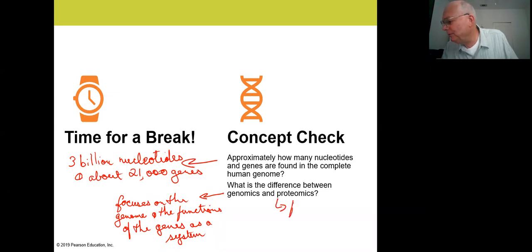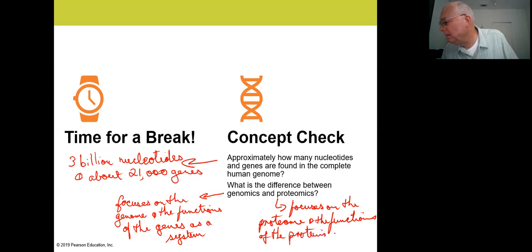Proteomics focuses on the proteins, or the proteome, we should say, if we're going to use the same terminology, and the functions of the proteins as a system. So that would be the difference between the two.